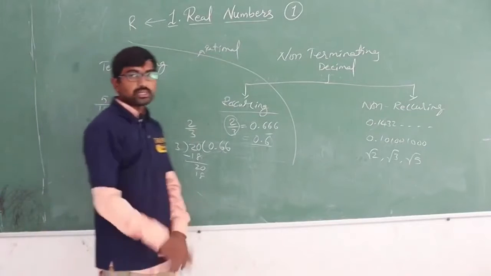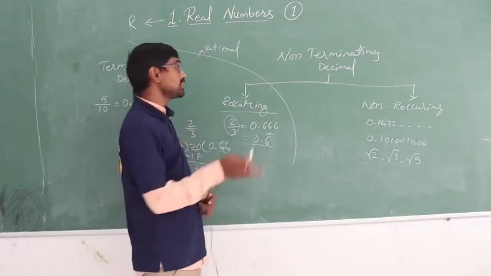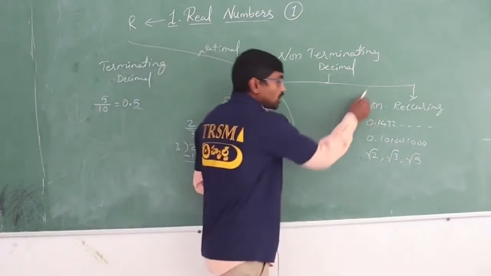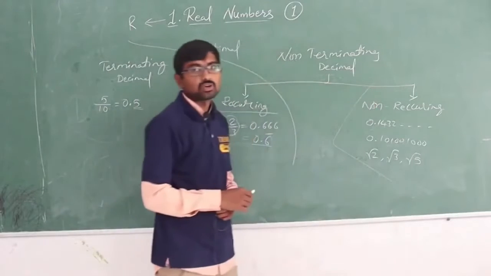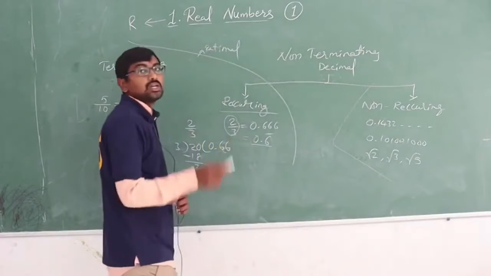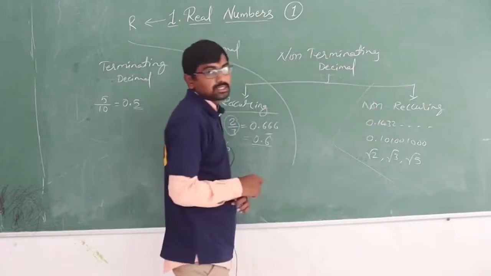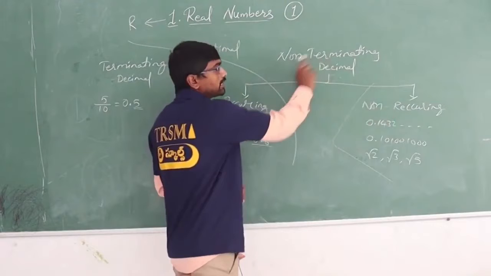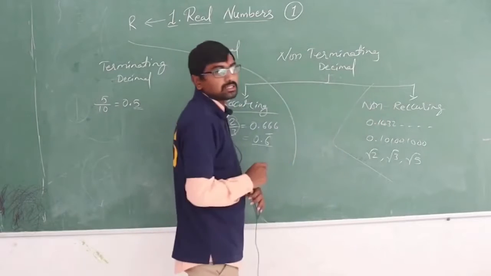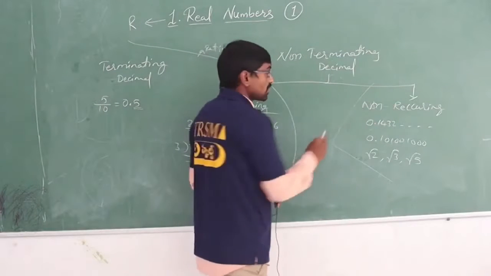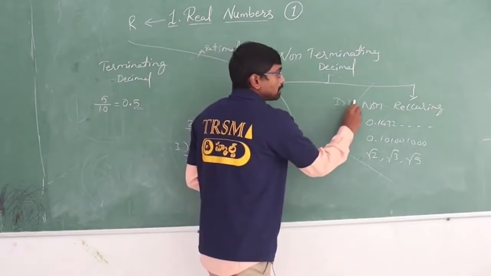And the numbers which can't be written in the form of p by q, indirectly they are non-recurring numbers. The numbers which have non-terminating and non-recurring decimals are called irrational numbers.